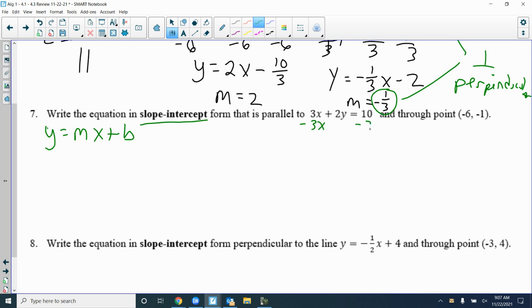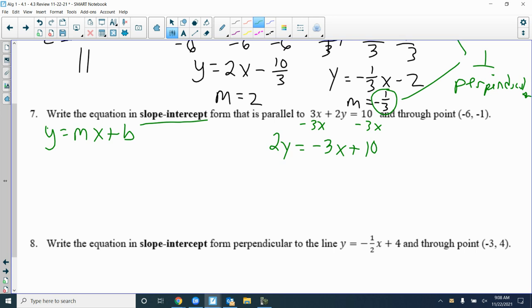Now what do I do? Divide everything by what?